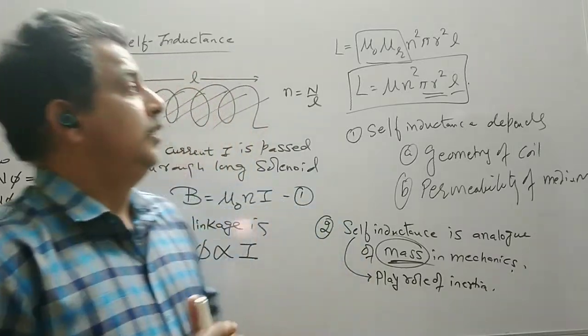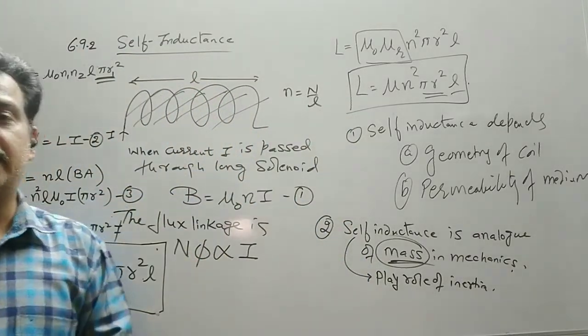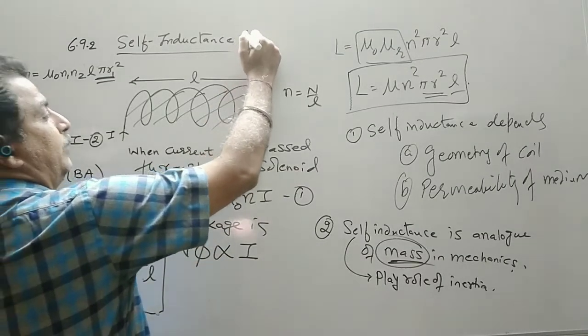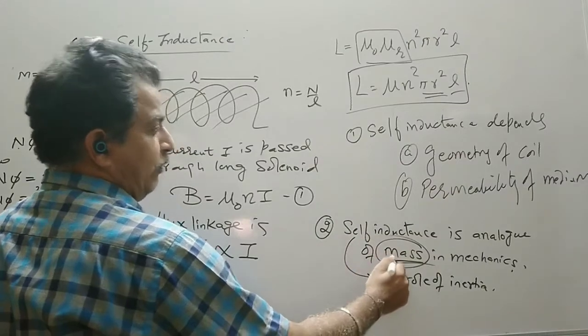So it means self-inductance plays the role of opposition. It opposes the growth and the decay of current, as we have said earlier also, and whatever EMF is induced in it will be called back EMF. So remember, first, self-inductance plays the role of inertia. It is equivalent to mass.